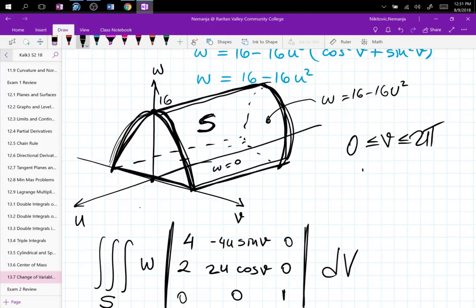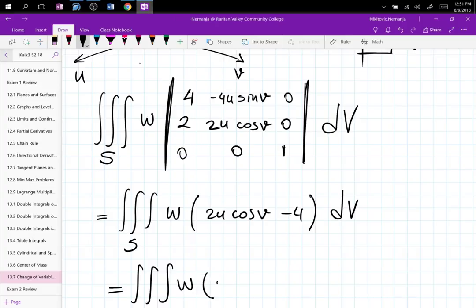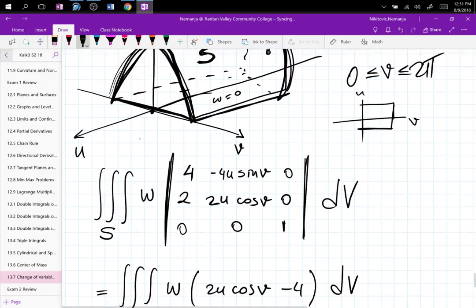What am I talking about? The domain over here looks like this. That's our v, that's our u. So it doesn't matter whether you go u, v, or v, u. Okay, got it. So triple integral w, 2u cosine v minus 4 dw dv du.